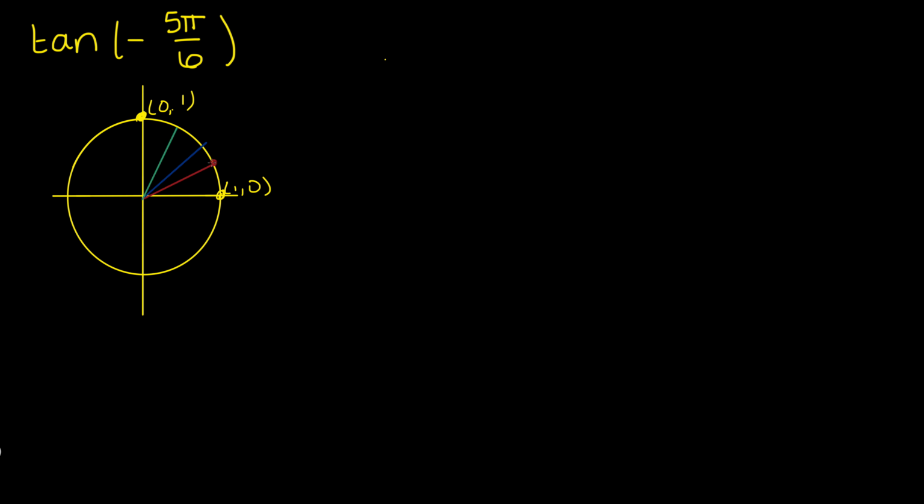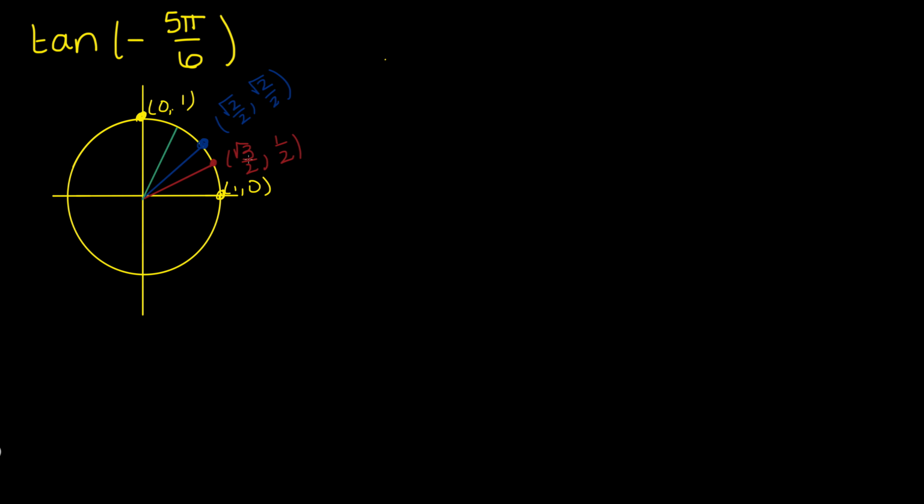This point right here is going to be the square root of 3 over 2, 1 half. This point right here is the square root of 2 over 2 and the square root of 2 over 2.